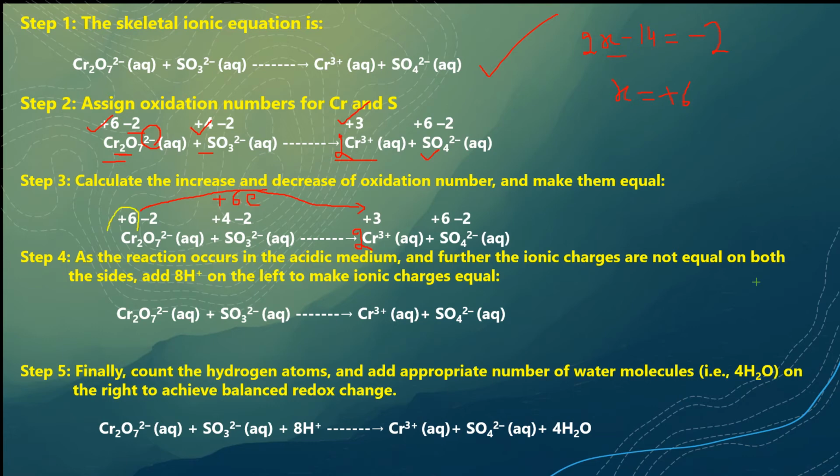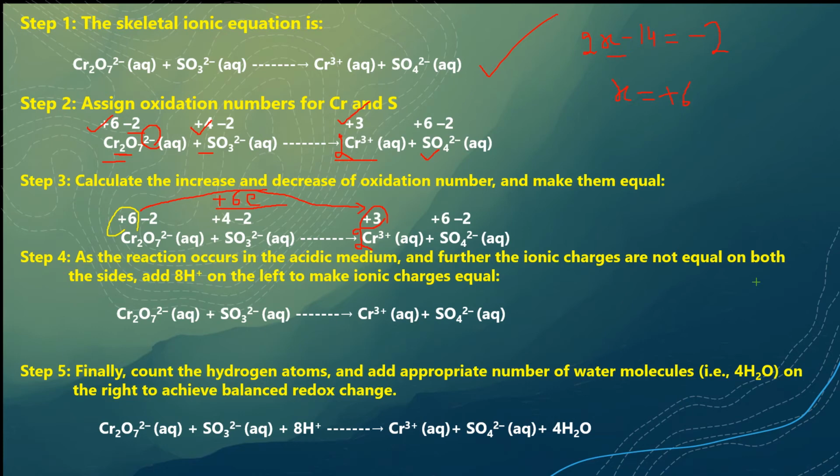From +6, it is changing to +3. What is changing? Chromium. +6 to +3 means gain of 3 electrons. Only then the positive charge will decrease. And there are 2 chromiums on both the sides, so there is gain of 6 electrons. Okay, this is the reduction I have identified.